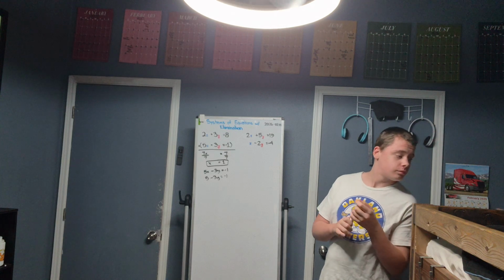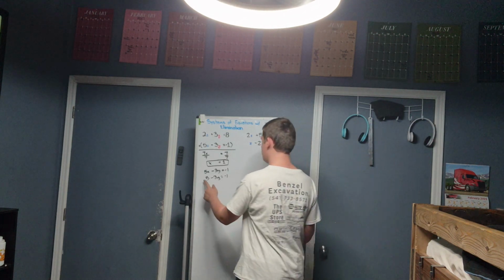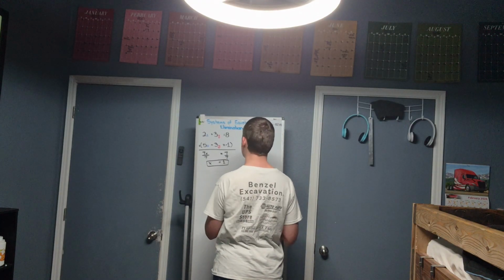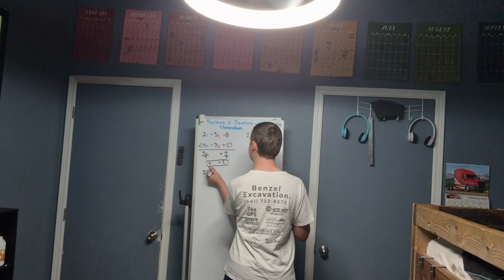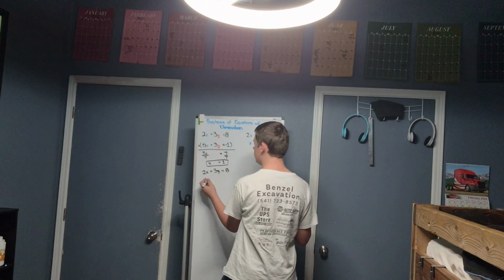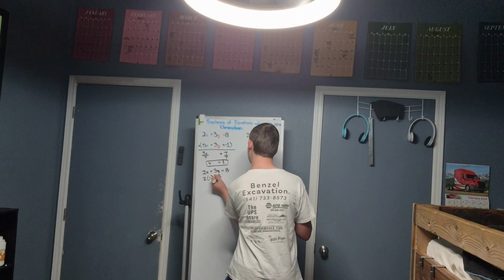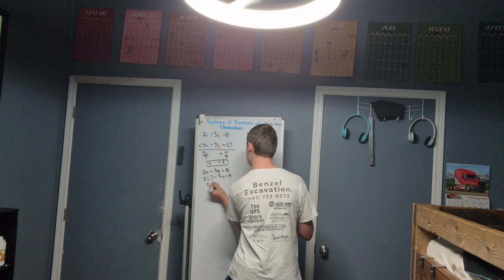Okay, my notes said that we're doing it to the first equation, not that. So 2x plus 3y equals 8. We simplify: 2 times 1 plus 3y equals 8. We have 2 plus 3y equals 8.